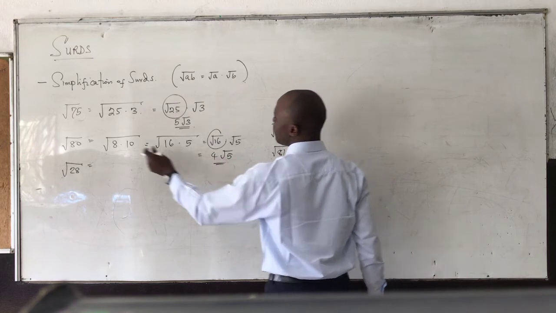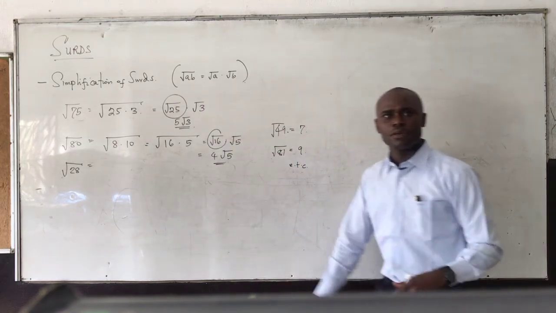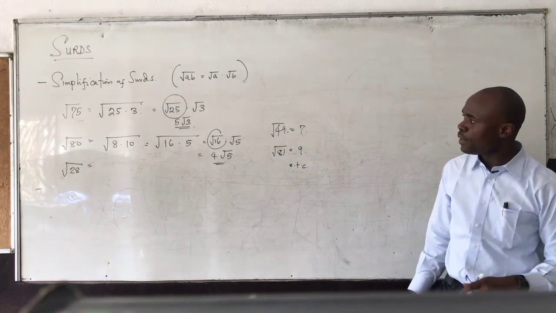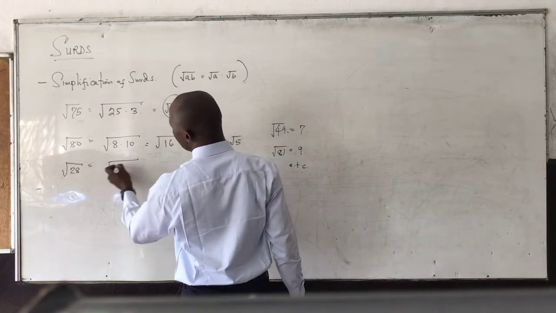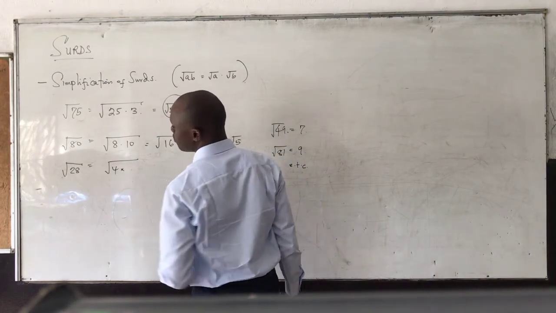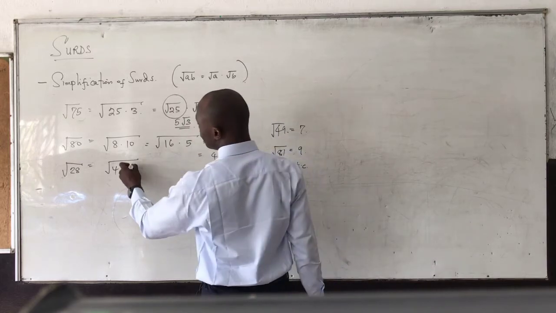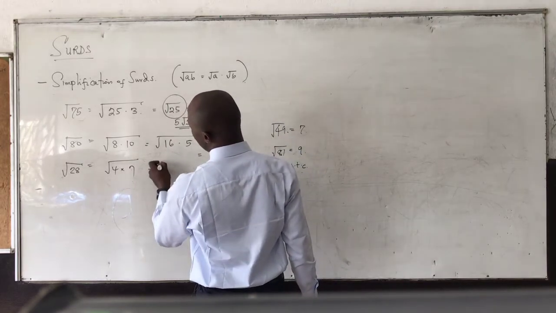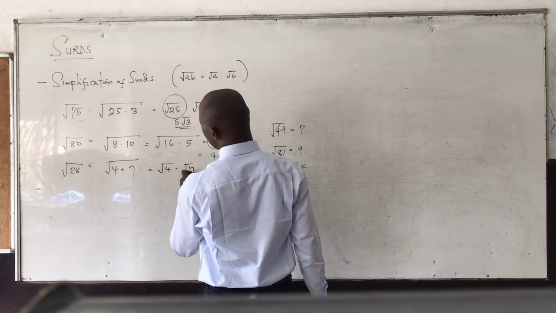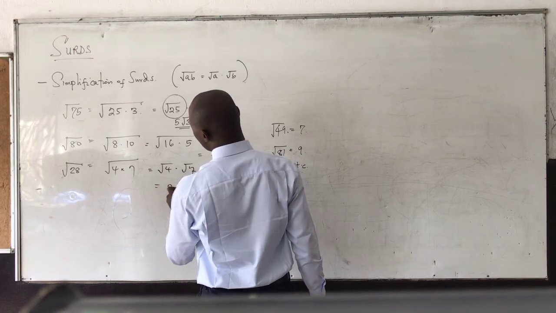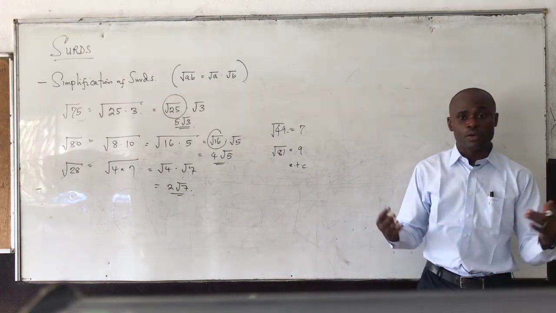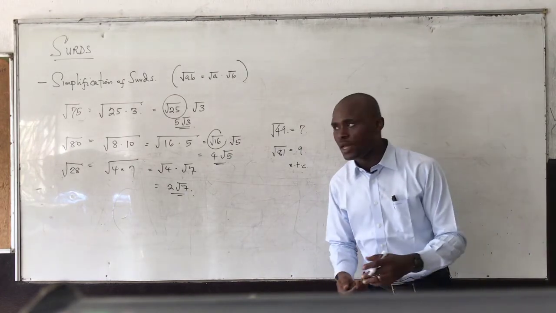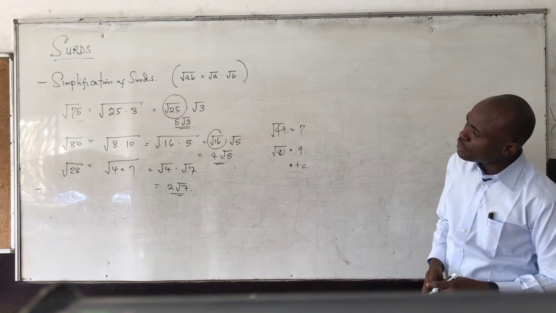So it's a way of simplifying this, making it look simpler. Same thing with this, I can also bring this to give me 4 times 7. So that can be square root of 4 times square root of 7, and that gives me 2 root 7. So this is basically simplification of surds, how to make surds look simpler and presentable.